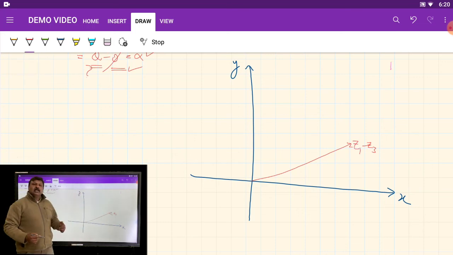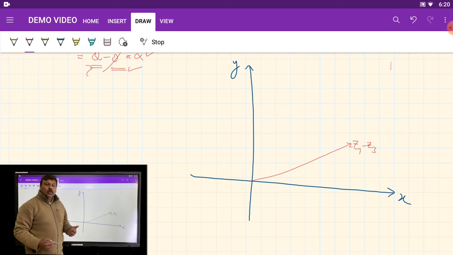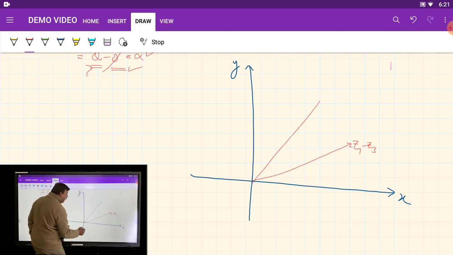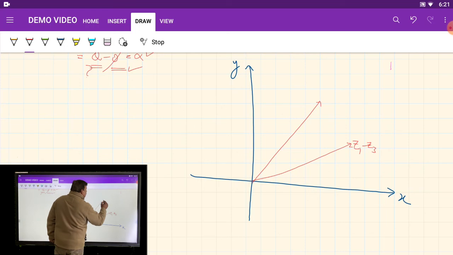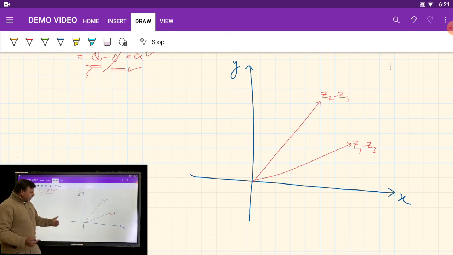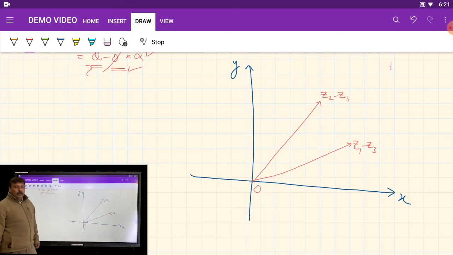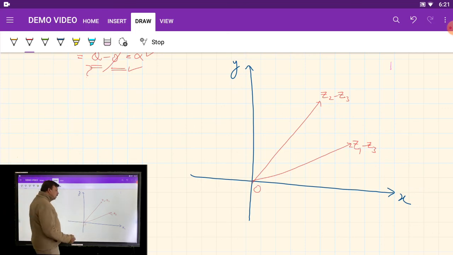That means the head has been converted, the shifting of origin has taken place. And here the other complex number would be Z2 minus Z3. Am I right, students? So the tail vanishes and it takes the form of origin. Okay?